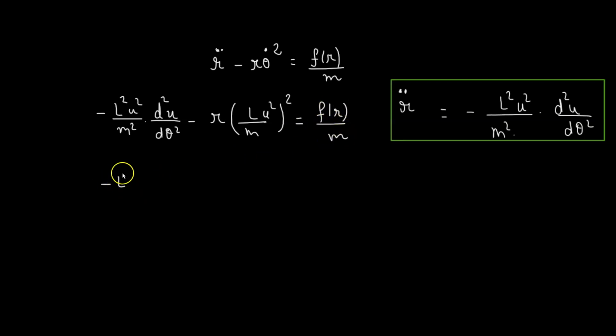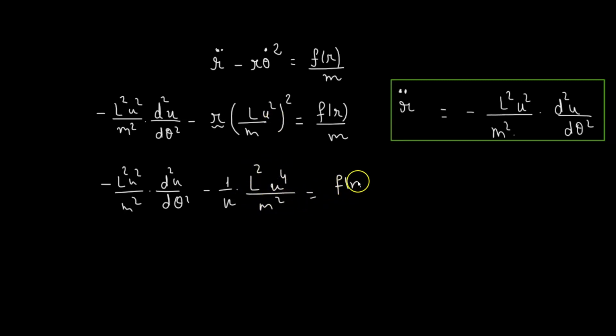That gives us negative L squared u squared over m squared times d squared u over d theta squared, minus, here we also have an r, that will be simply 1 over u times L squared u to the power of 4 divided by m squared, equal to f of r over m. One u from the denominator and one from the numerator goes away.